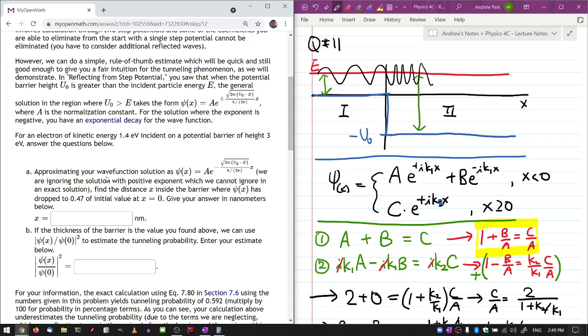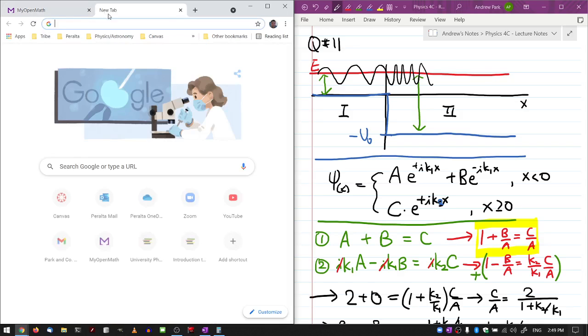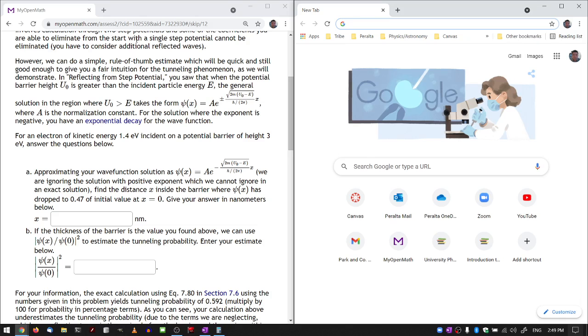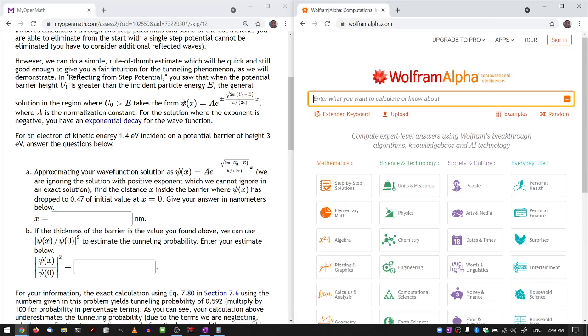Let me plug in the numbers with Wolfram Alpha, and I can just calculate the answer without a lot of explanation. That'll be pretty quick. So I can just do this exponential portion of the calculation.